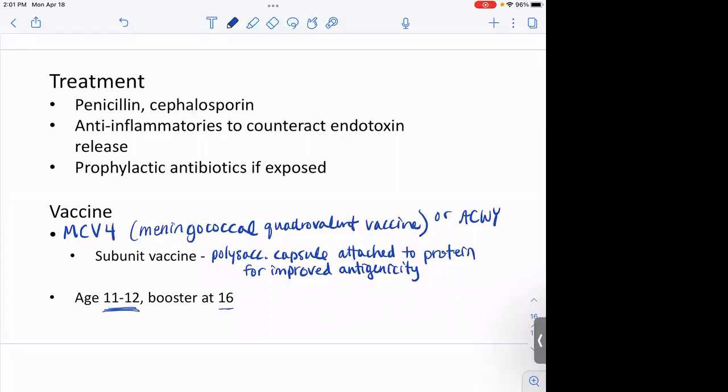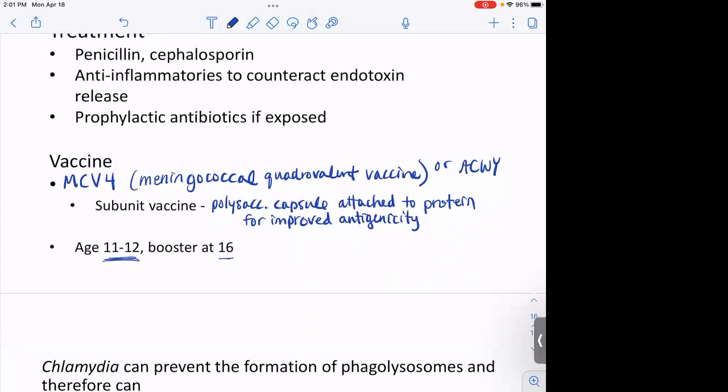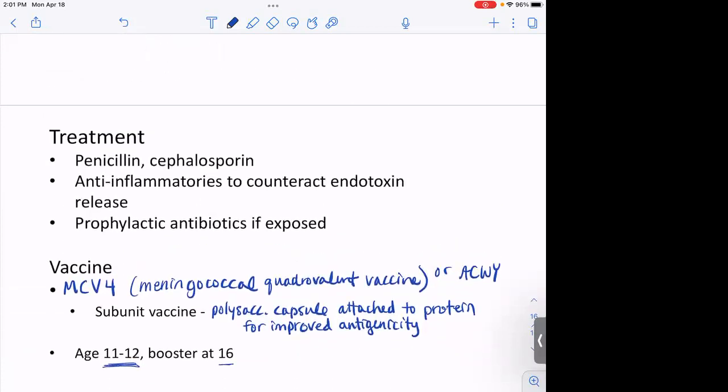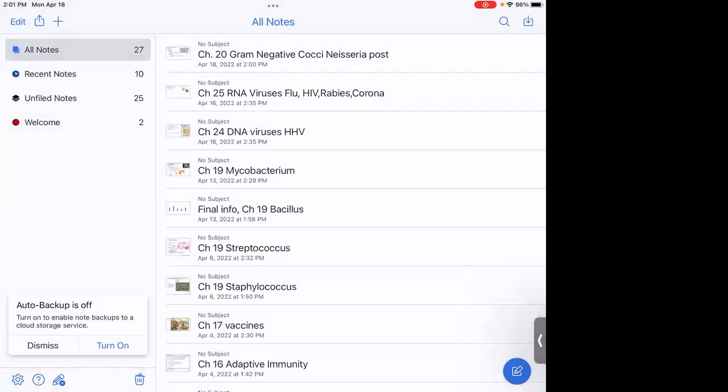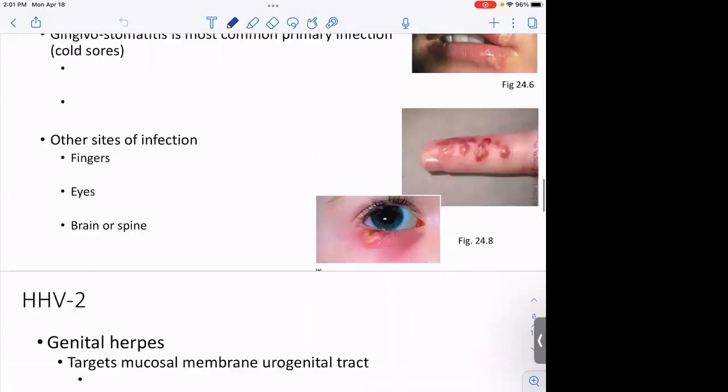So that was kind of surprising, but again, fairly rare. Okay, any questions about either of the Neisseria? Okay, talked about that. All right, let's move on then to thinking about some viral pathogens.